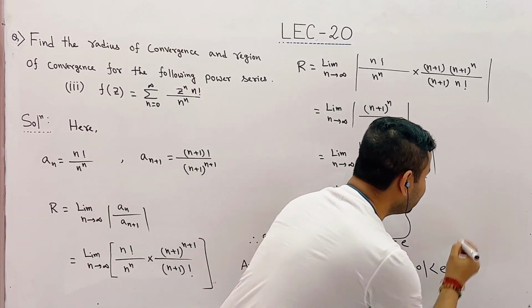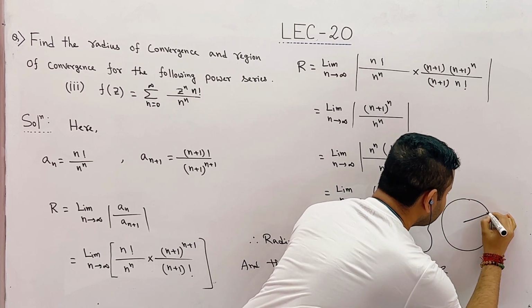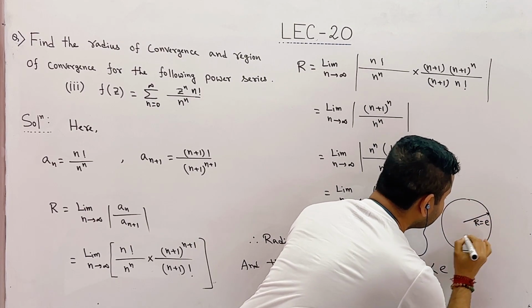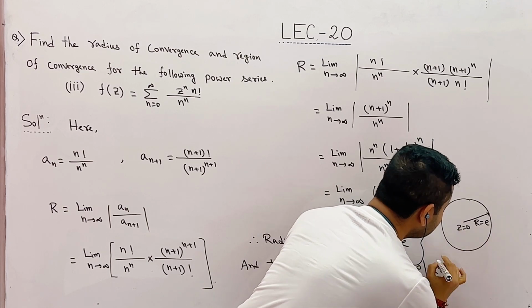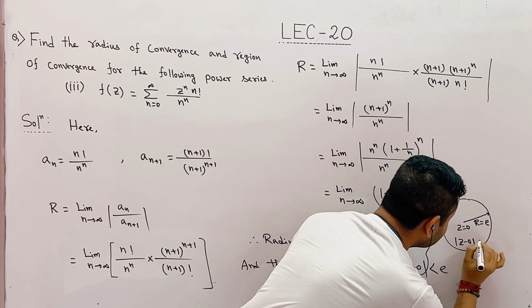Now let us draw the circle. The radius of the circle is e and the center of the circle is 0, and the region of convergence is given by modulus of z minus 0 less than e.